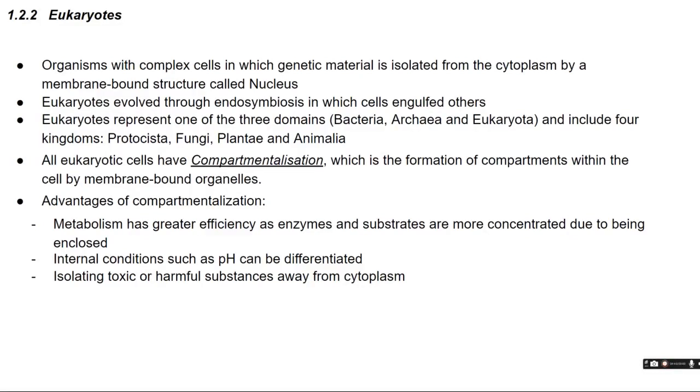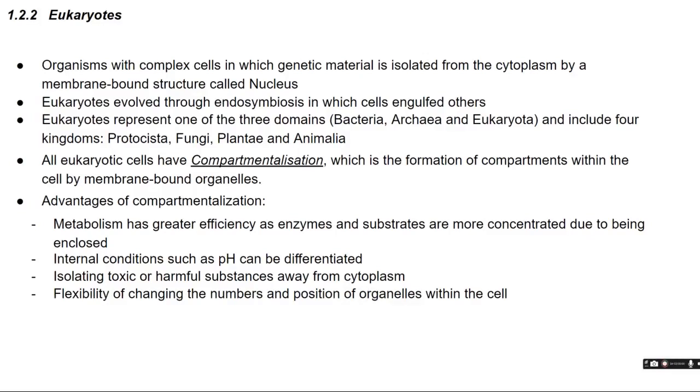The third is that it isolates toxic or harmful substances away from the cytoplasm and into specific areas. And the fourth is the flexibility of changing the numbers and the position of organelles within the cell, which cannot happen in prokaryotes.